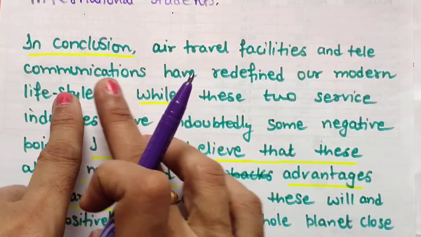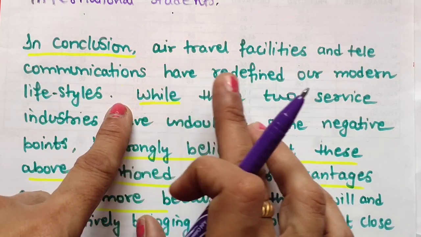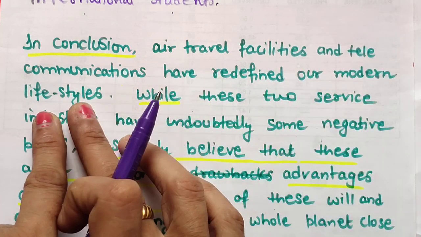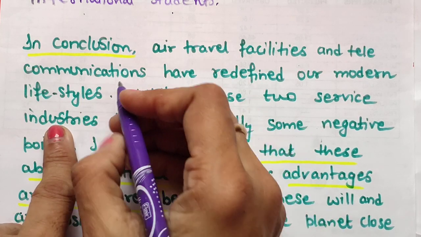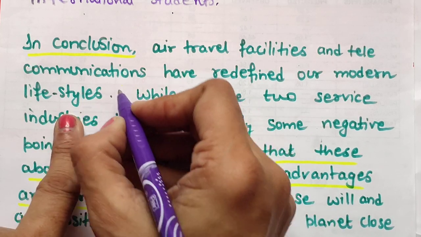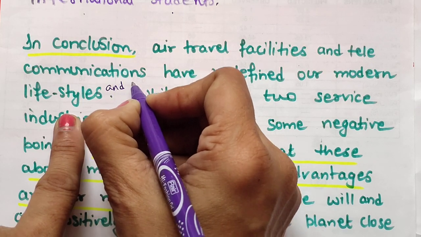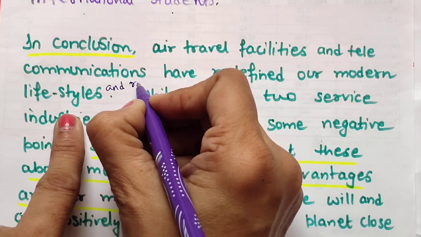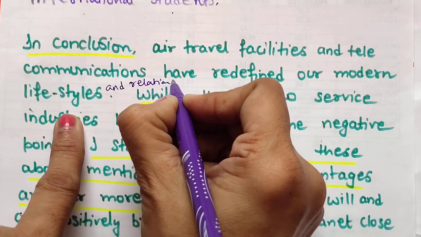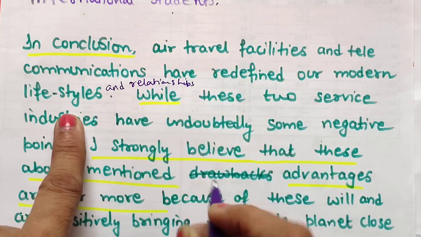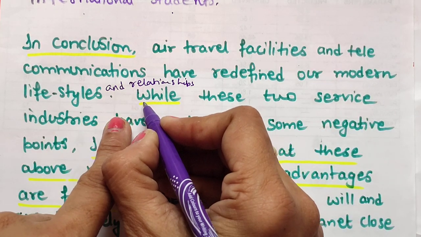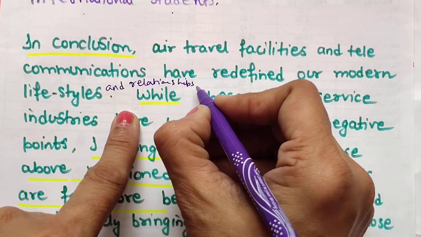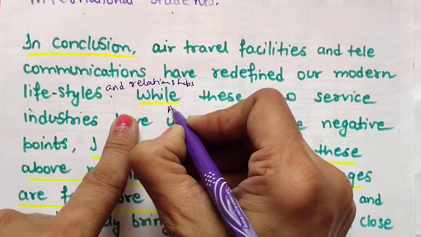Air travel facilities and telecommunication services, you can write, have redefined our modern lifestyles, modern world, you can write, while modern lifestyles and connectivity, because that's more important, and relationships. Okay, while these two, now I am using "while", so this is again the word, so you can use the word "although" here.